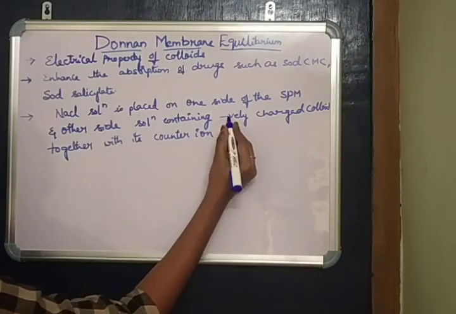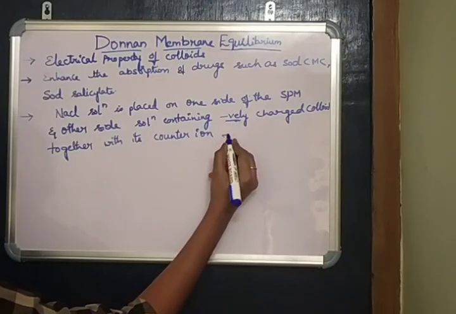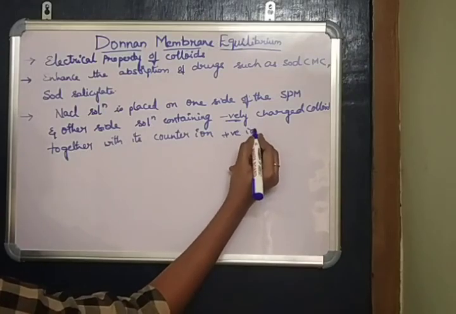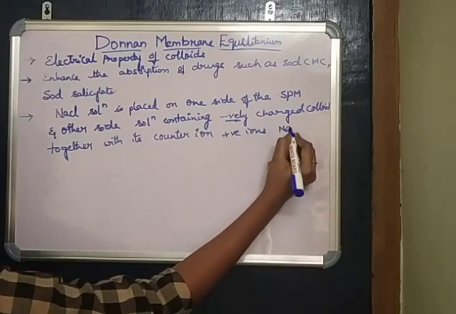Counter ion means, since we are taking a negatively charged colloid, we are taking positive ions such as Na plus ions.